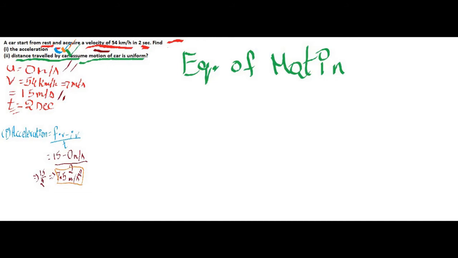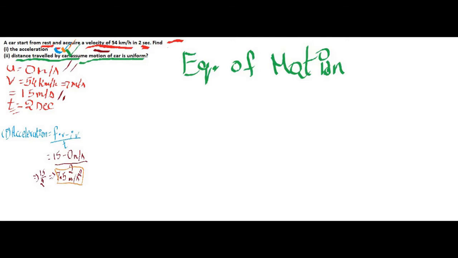In every problem, equations of motion play a very major role. So in this chapter, if you have to score marks, the only option for you is to learn equations of motion in a very different way. You have to just modify them.